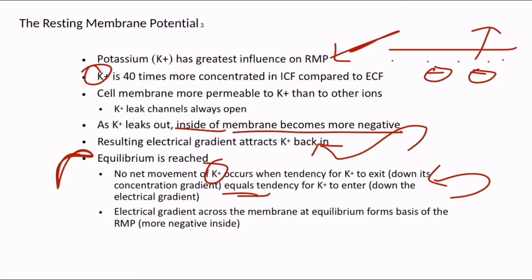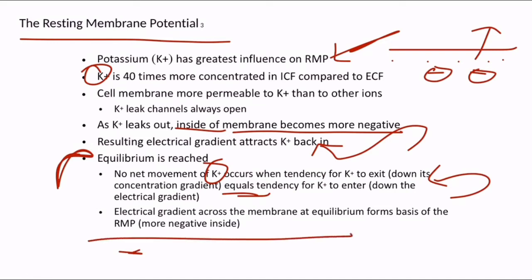The electrical gradient across the membrane at equilibrium forms the basis for all of this resting membrane potential. It means that it's a little more negative on the inside. It's waiting for a positive change to bump and change the membrane potential on either side, thus sending that propagation on the way down.